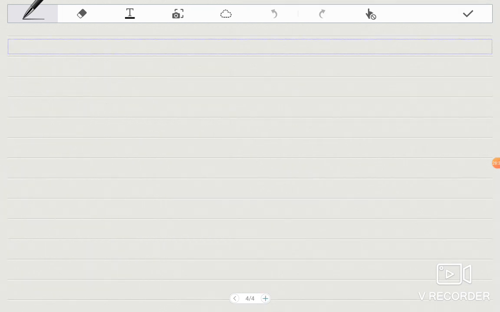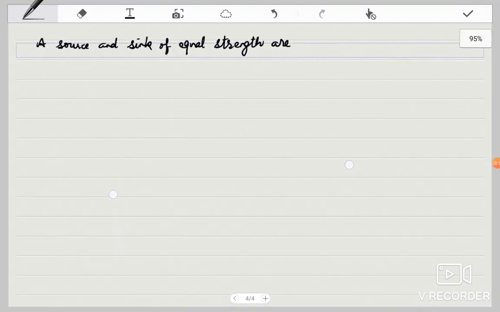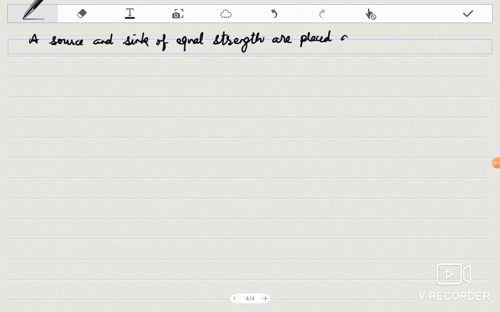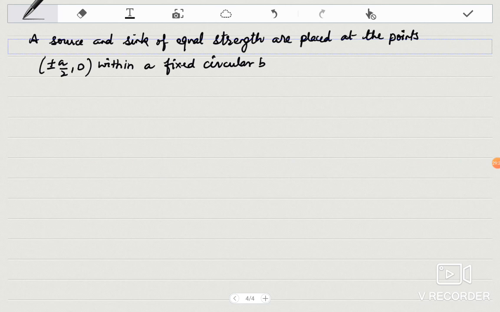Our question is: a source and sink of equal strength are placed at the points plus minus a by 2, 0 within a fixed circular boundary x square plus y square is equal to a square.